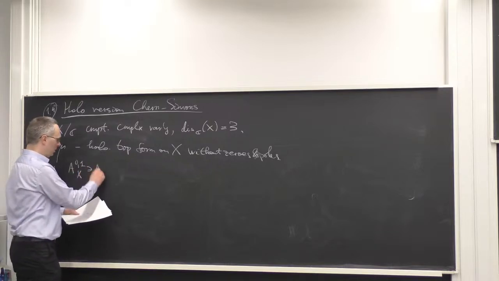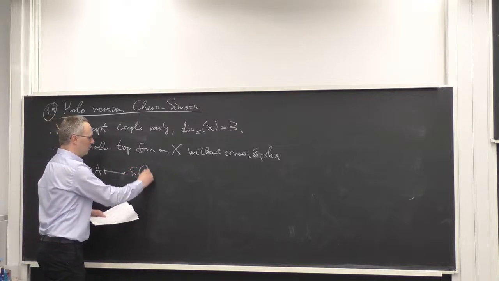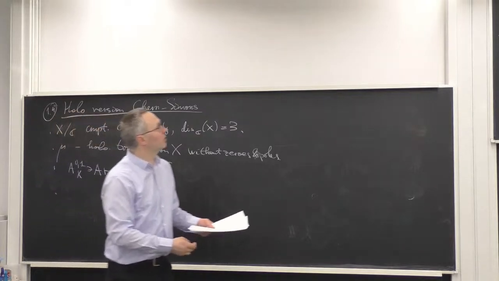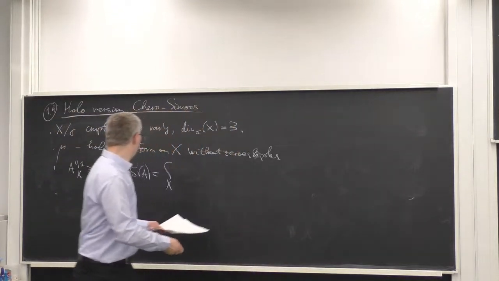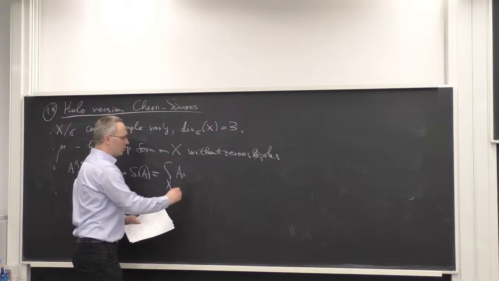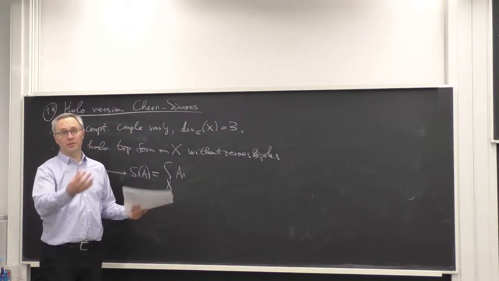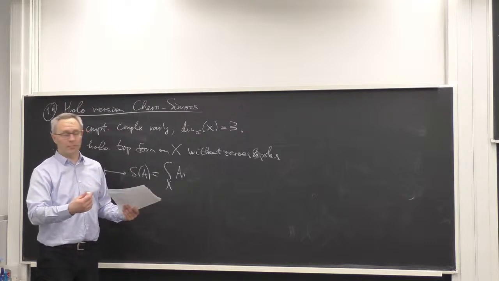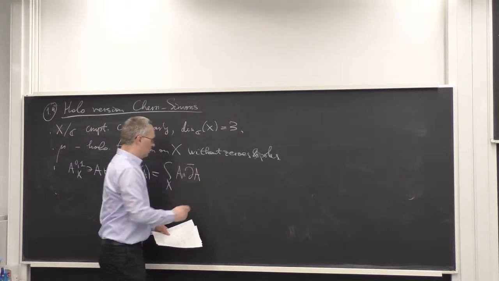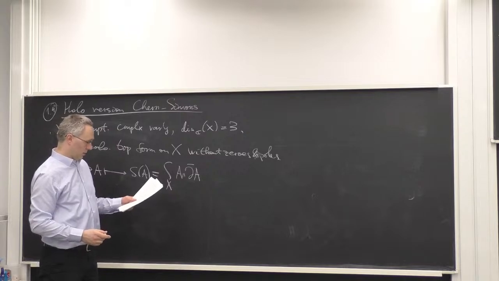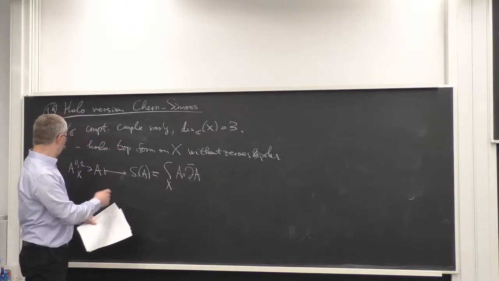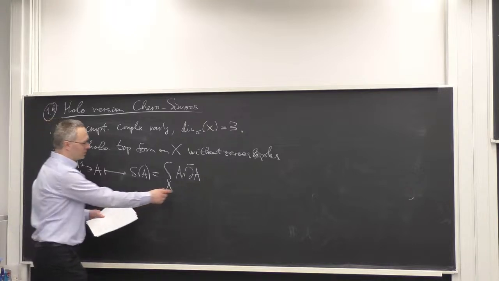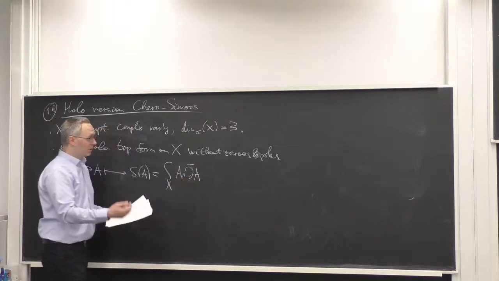And given A, the functional S of A will be a similar thing. There I was taking dA, wedging it with A, and then integrating using my orientation on M. Here I replace dA by d bar A, so it is a (0,2) form, and this is a (0,3) form.